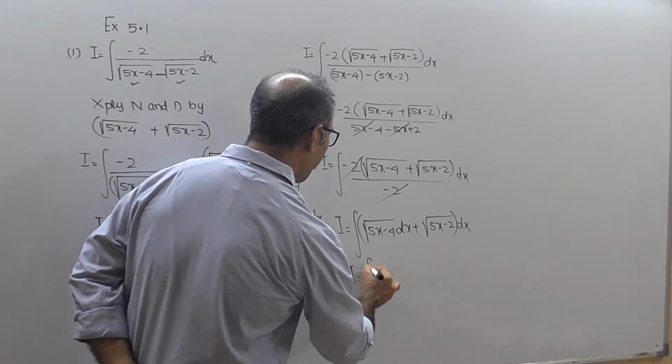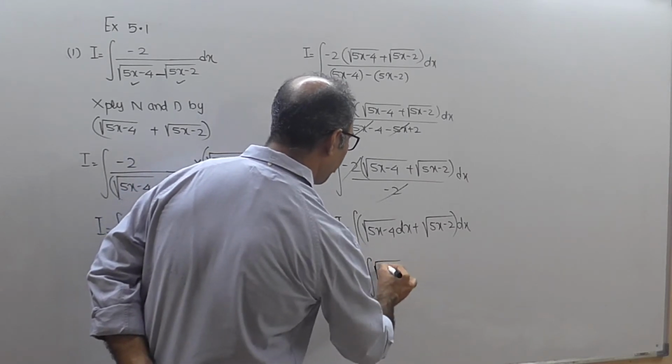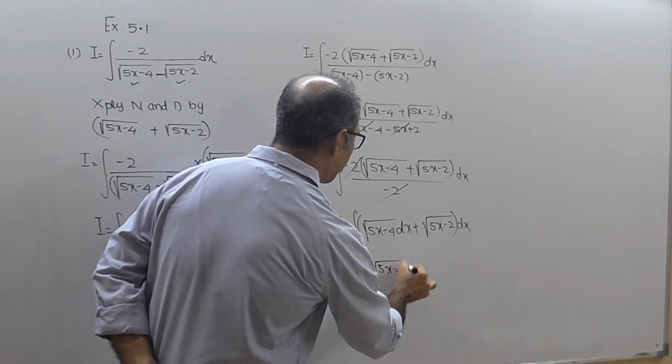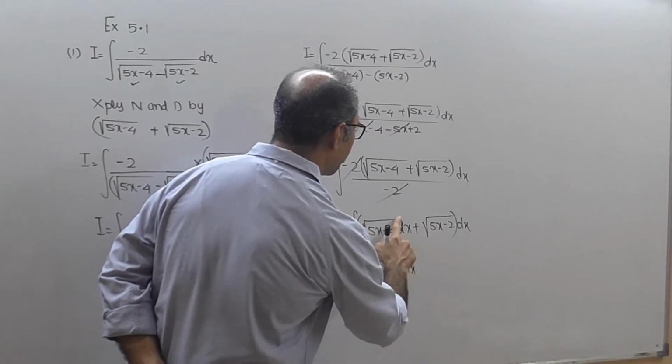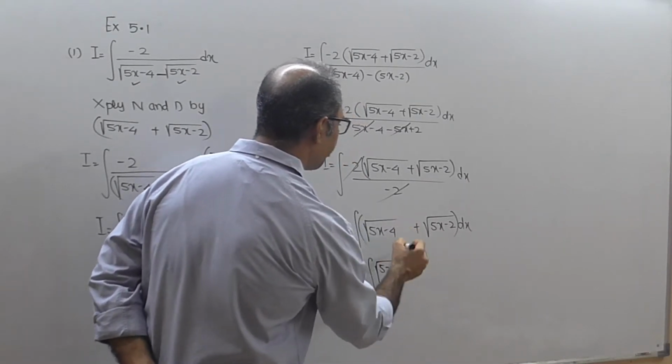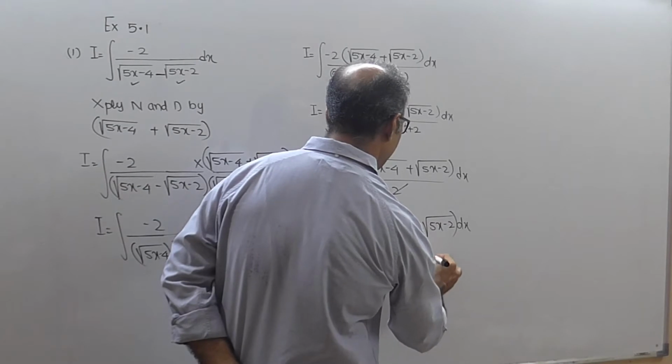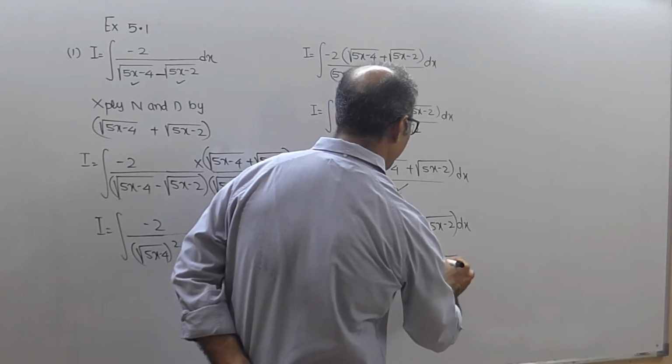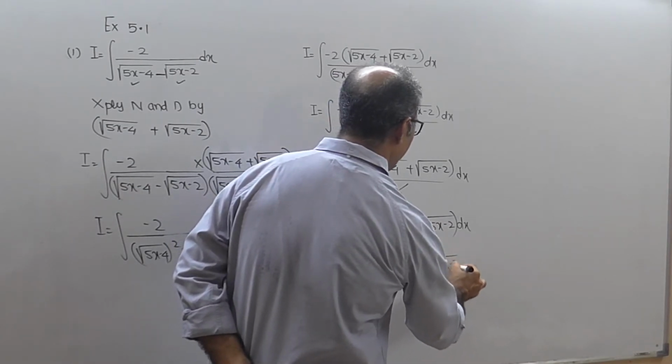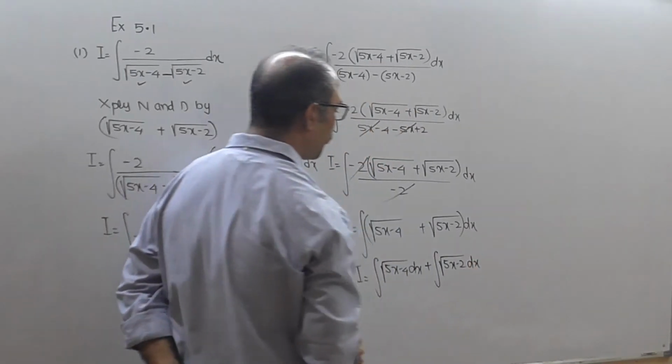Give integration for both the terms. Integration root of 5x minus 4 dx plus integration root of 5x minus 2 dx.